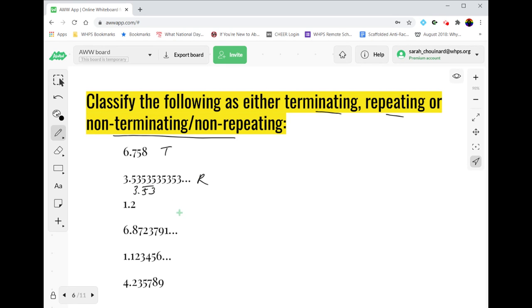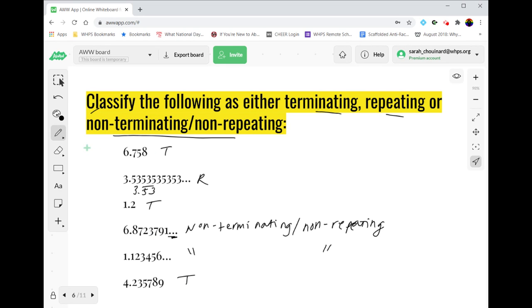This is a repeating decimal. 1.2 is terminating. 6.872371... The dots mean it goes on forever, so this would be a non-terminating, non-repeating decimal because there's no pattern and it goes on forever. Same thing with 1.123456... But this one has no dots, so it would be considered terminating.